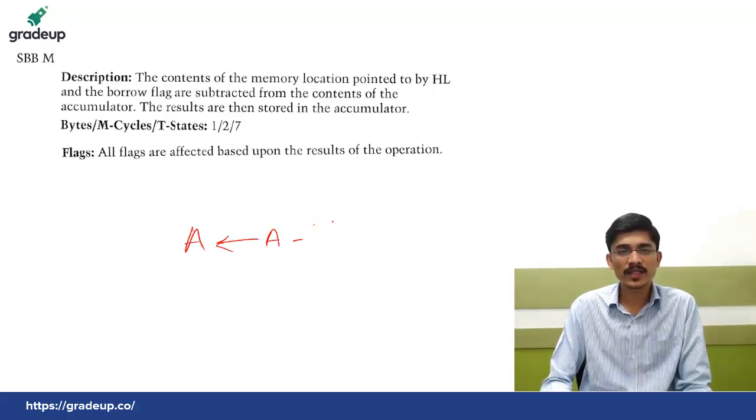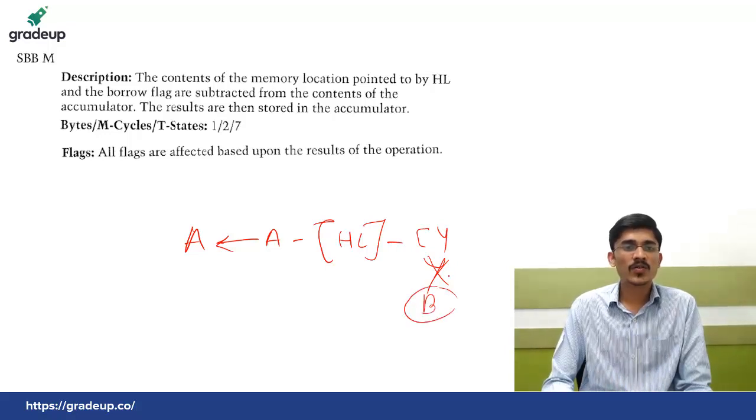Here, in subtraction, we call the carry a borrow. So the contents of the memory location pointed by the HL pair and the borrow flag are subtracted from the contents of the accumulator, and the result is stored back in the accumulator.